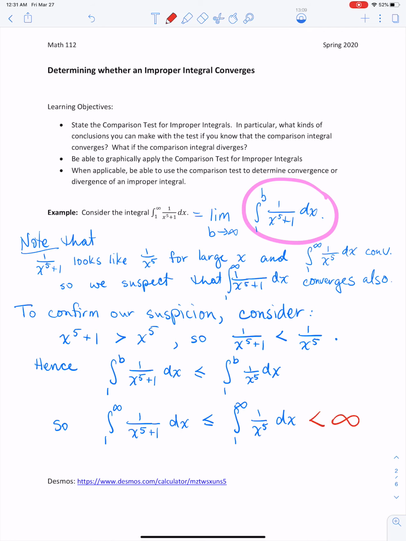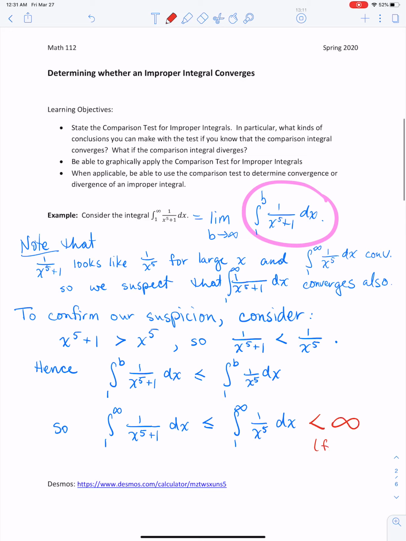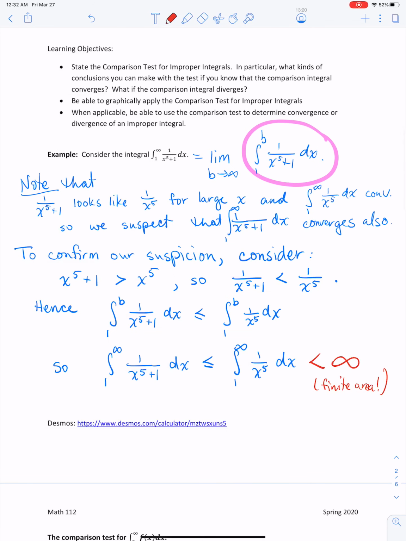So we know there's a finite area. Right. So the idea then is that the improper integral of the original function must also have finite area.